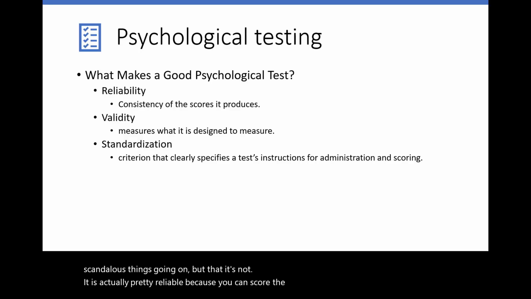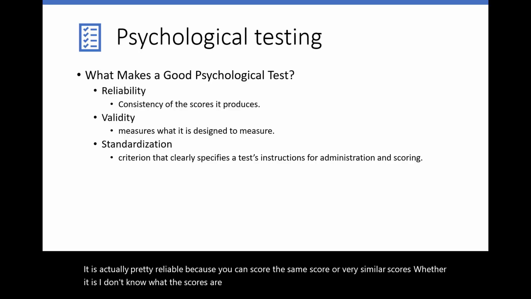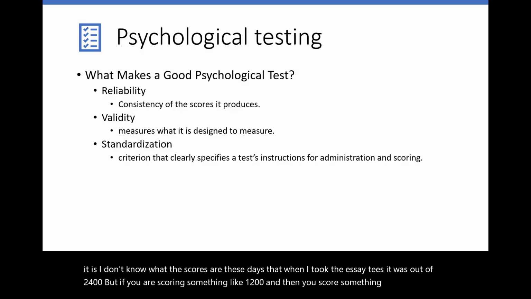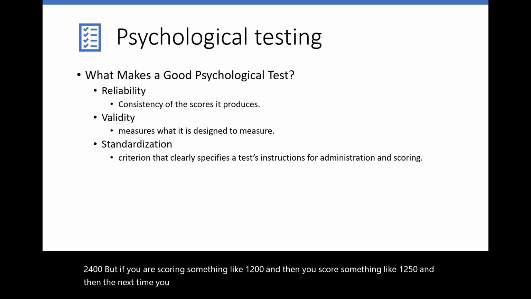When I took the SATs, it was out of like 2,400. But if you are scoring something like 1,200 and then you score something like 1,250, and then the next time you score 1,190, those are pretty consistent numbers, right?